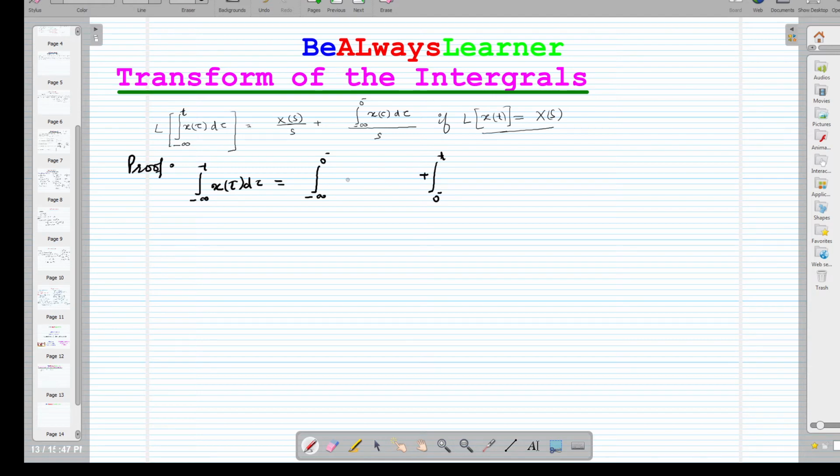This can be written as x(tau) d tau plus x(tau) d tau, and we have to find the Laplace transform of this.